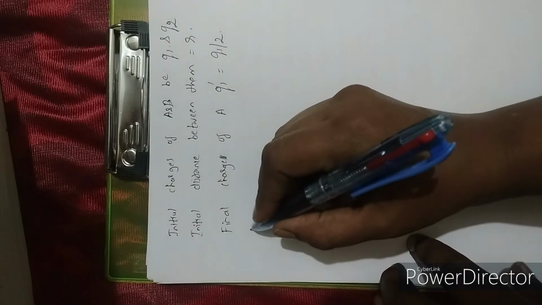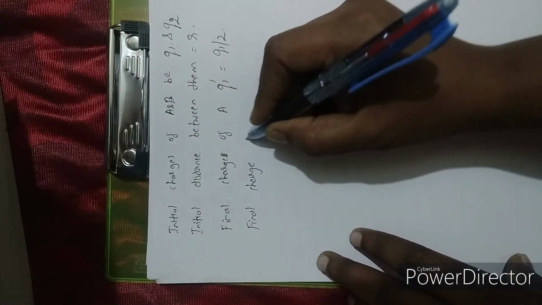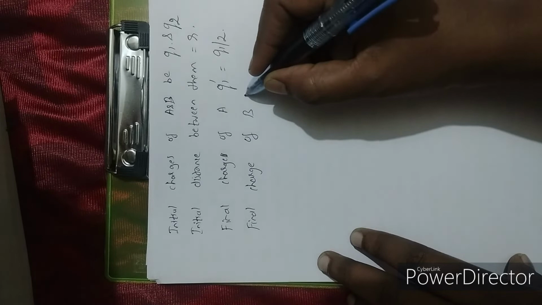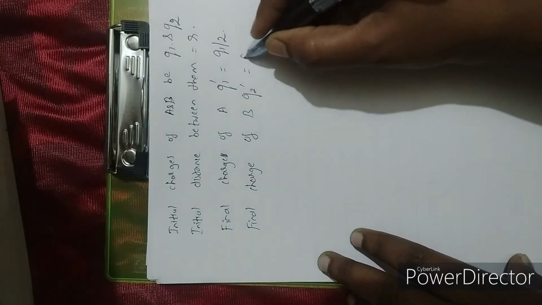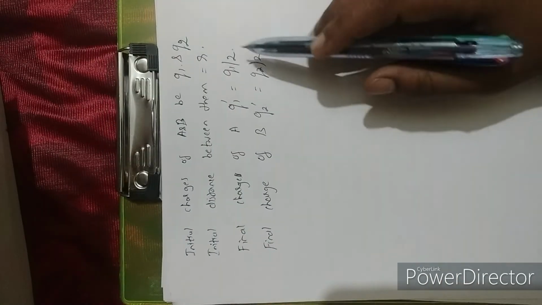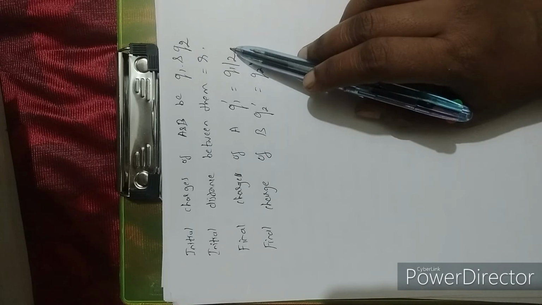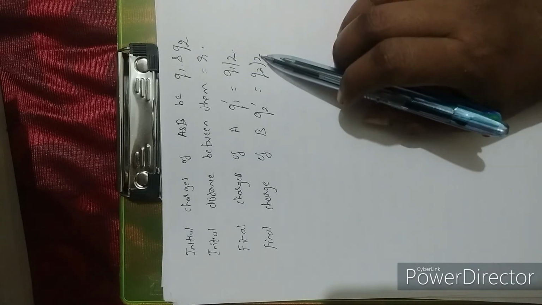Similarly, final charge of B, that is Q2 dash, will be equal to Q2 by 2. For both the spheres, after touching with C and D, the charges have been halved, because they both are identical, so it will be reducing to half only.